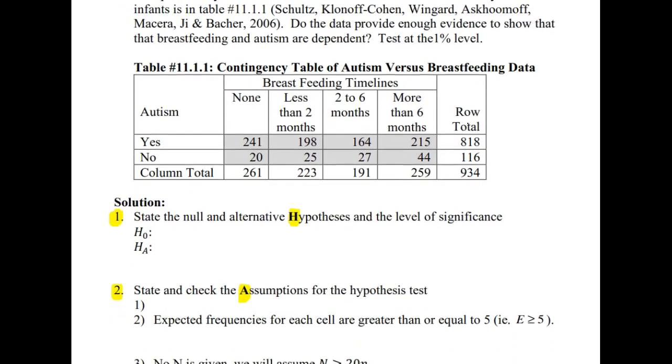All right, so again, our table 11.1.1 is the same table that we just had given to us at the start of the chapter. So our first step is to set up the hypotheses.